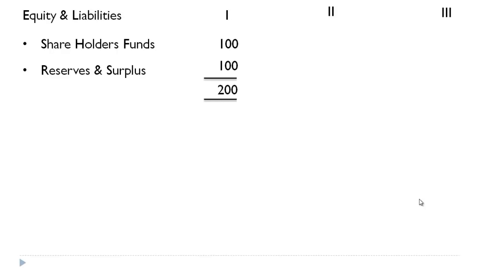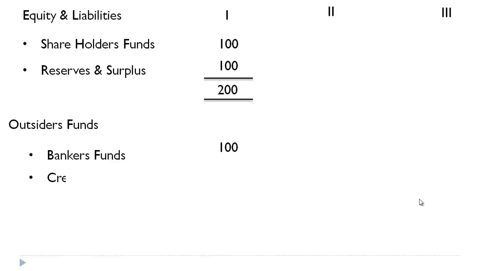So the total shareholder funds is 200, and outsider funds, the banker funds are 100 and creditors funds are 100. So the total is 200. So here you have a total liability of 400. How is it? 200 of shareholders funds and 200 of outsiders funds.